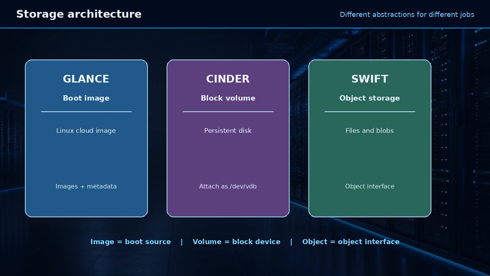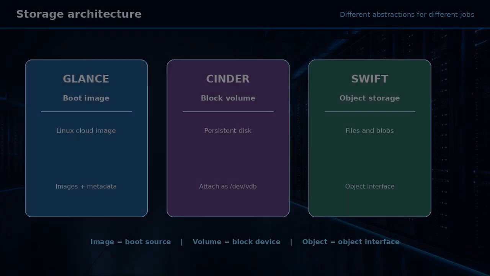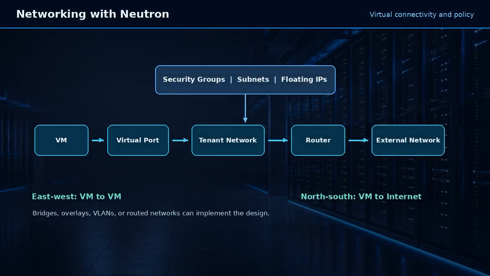Neutron creates the virtual network that an instance uses. A typical path begins at the virtual machine's virtual interface and port, continues through a tenant network and subnet, and may pass through a virtual router toward an external network. Security groups apply traffic rules at the instance interface.